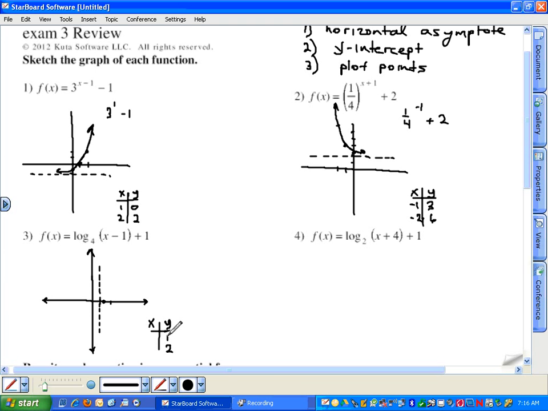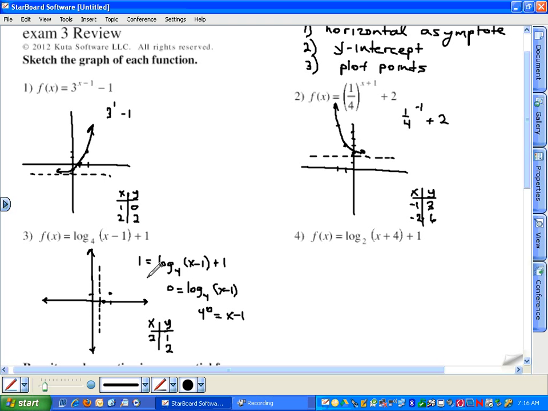So if we let f of x equal 1, and then we solve this equation, subtracting 1 on both sides, we get 0 equals a log base 4 of x minus 1. 4 to the 0 equals x minus 1. 4 to the 0 is 1. Then if we add 1 to both sides, we get 2. So 2 comma 1 is on the graph.